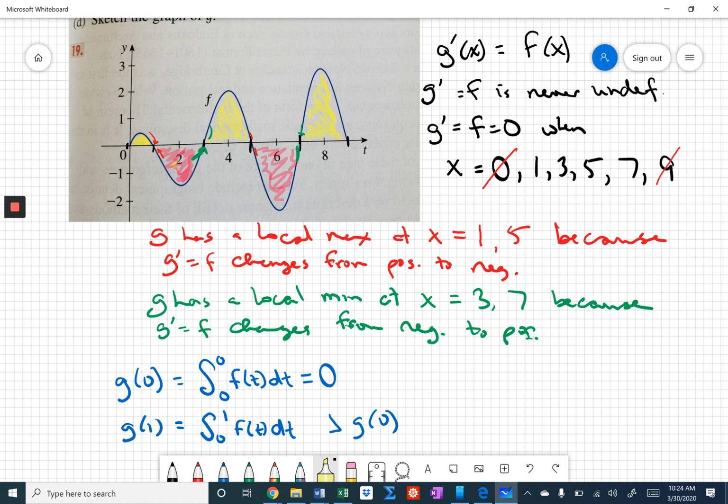Then we're going to subtract some area between 5 and 7, okay? And then we're going to add some area back. And I think the area that we're adding back between, well, that's awfully close. It's almost symmetrical. It's almost even.